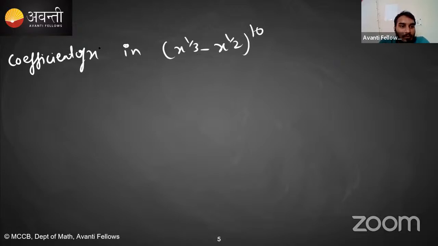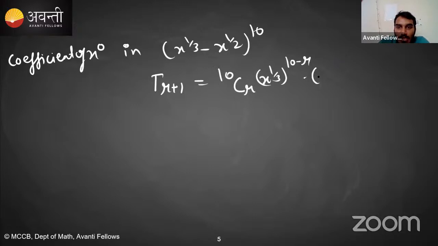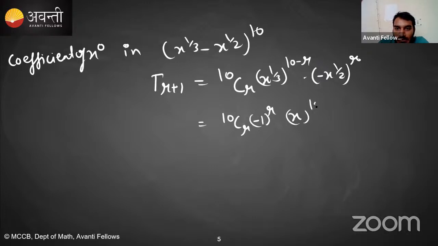So the general term T r plus 1 is 10 C r into (x raised to the power 1 by 3) raised to 10 minus r into (minus x raised to the power half) raised to r. So this can be written as 10 C r into minus 1 raised to the power r into x raised to the power (10 minus r) by 3 plus r by 2.